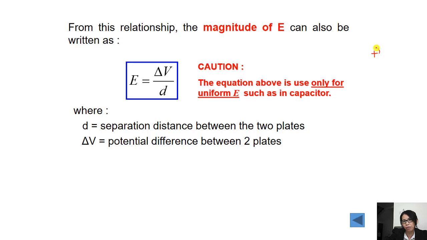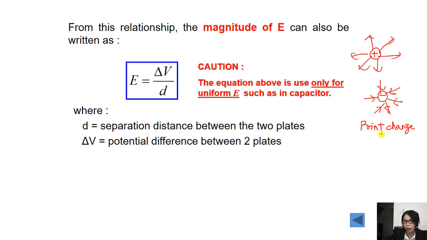For a point charge, for example a positive charge or a negative charge, we cannot use this equation. For a point charge, as we learned before, the electric field must be calculated using E equal to kQ over r squared, whereby the electric field produced by the point charge is non-uniform.